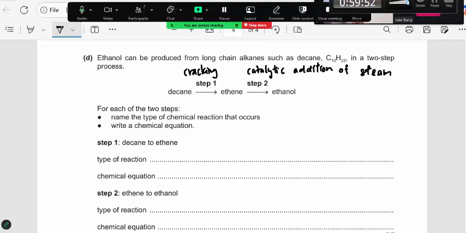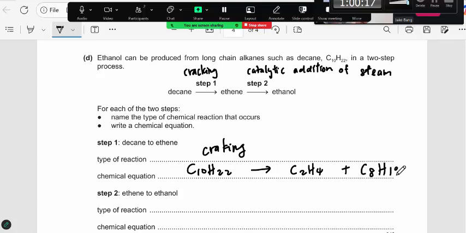If not, you cannot do anything. So the type of reaction is cracking. Decane is C10H22. If it becomes ethene, ethene is C2H4. How many left? C8H18.